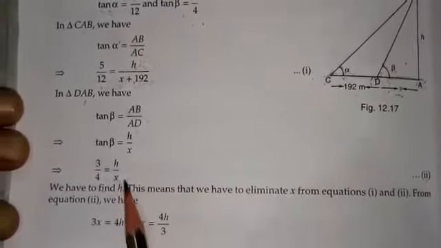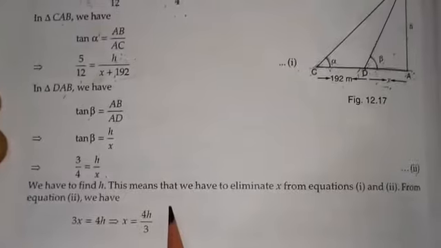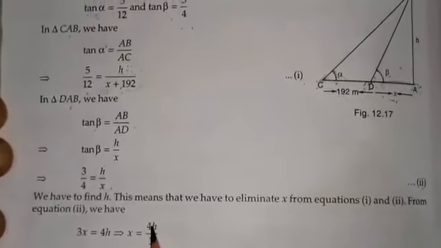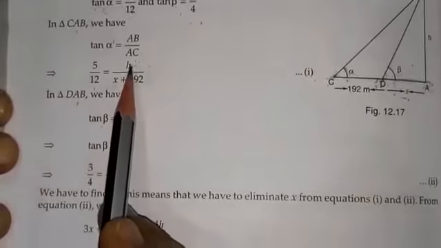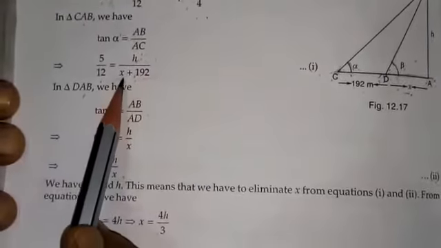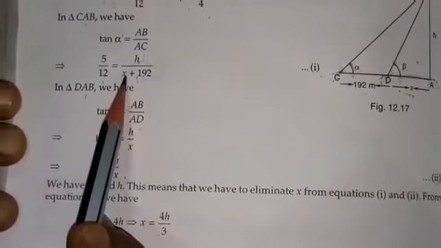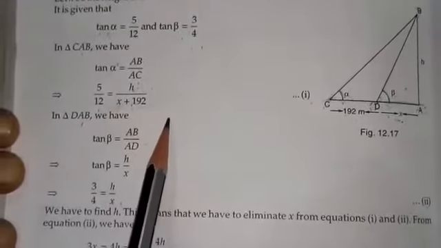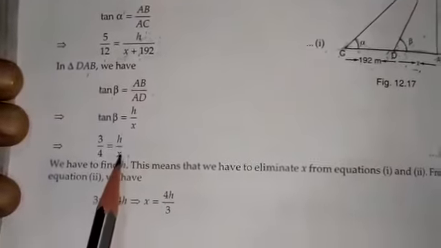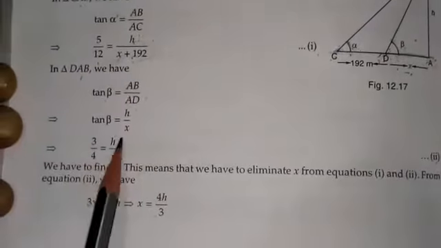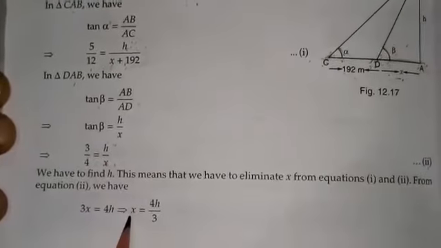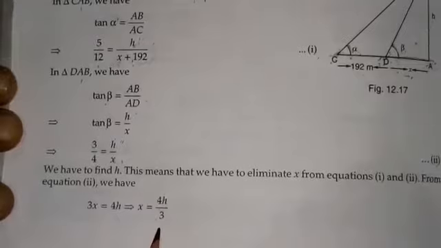We could proceed in different ways, but what you see here is the substitution method. Since we need to find the value of h, we need to retain h. So we'll replace x using an expression in h. When we cross multiply, we have 3x is equal to 4h. So x is equal to 4h by 3.